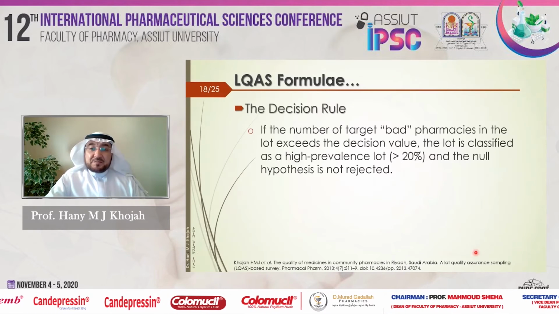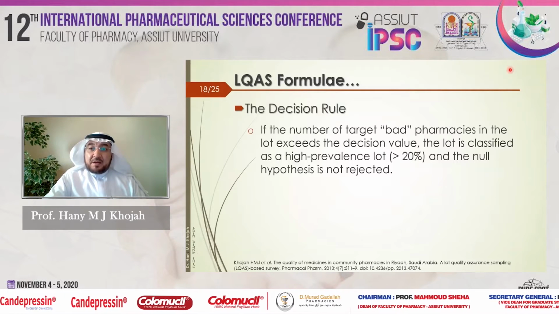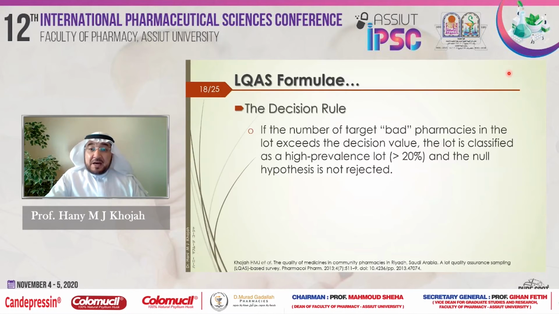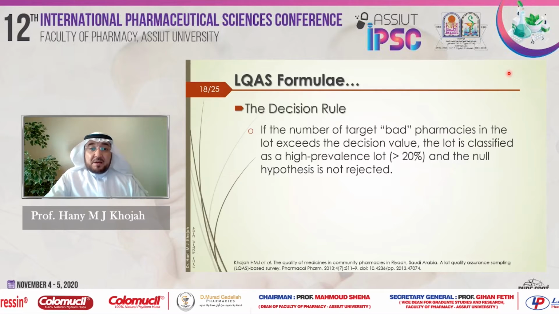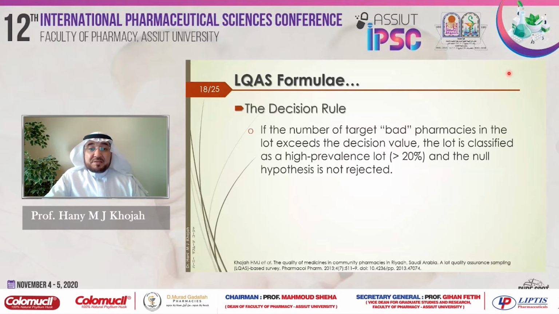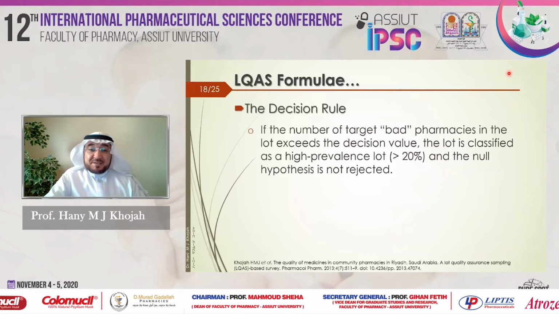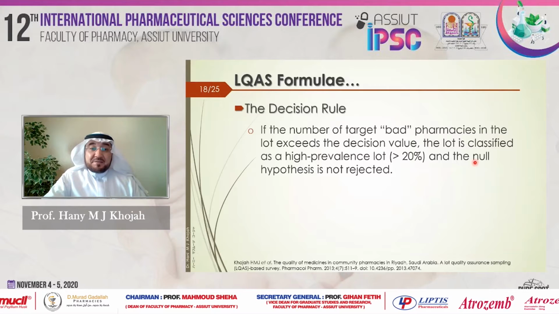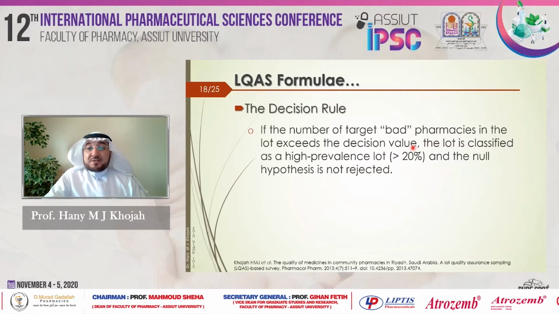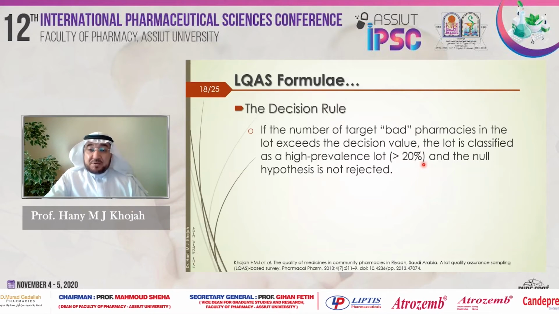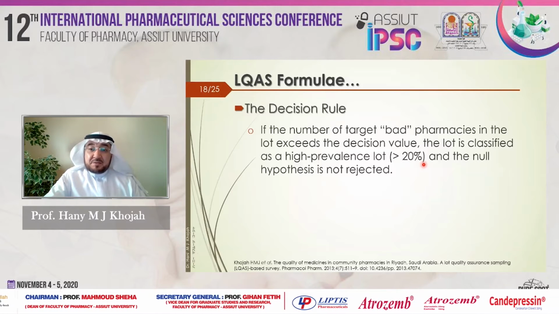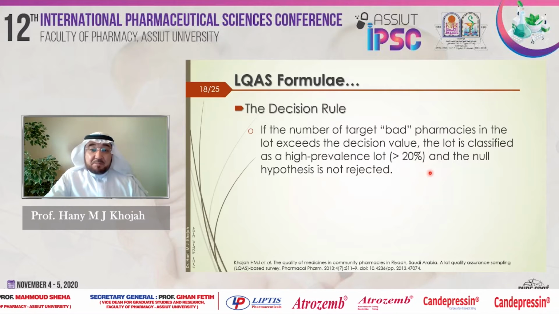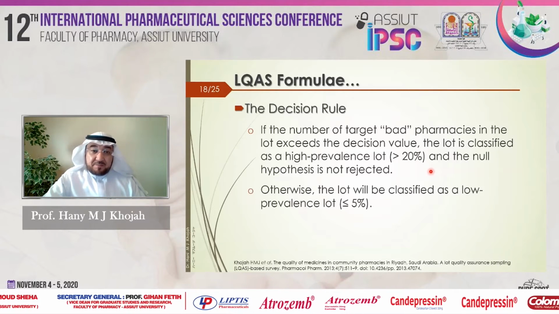The decision rule, as I mentioned, is the number of low quality medicines. So if the number of bad pharmacies exceeds the decision value here, the lot will be classified as a high prevalence lot. It means that more than 20% of outlets in this region sell low quality medicine, and the null hypothesis here is not rejected.